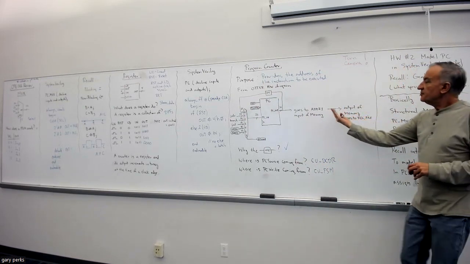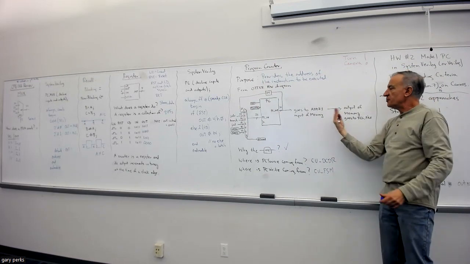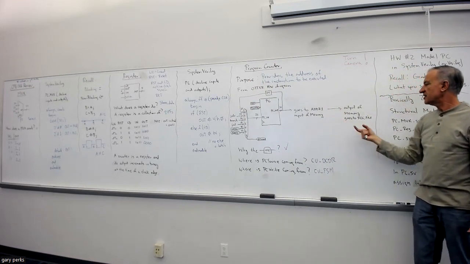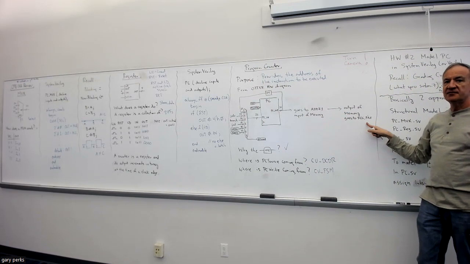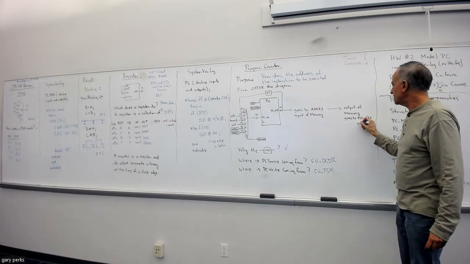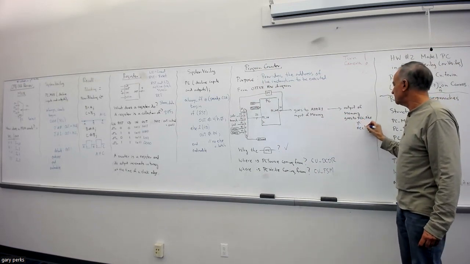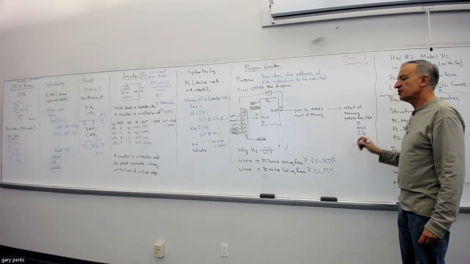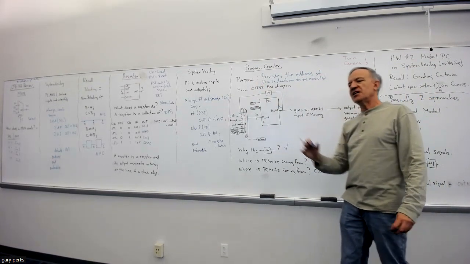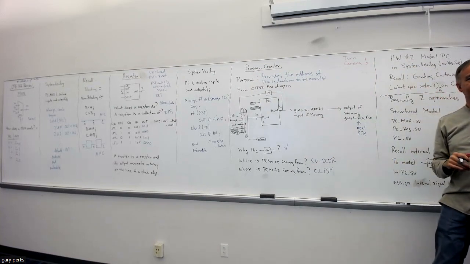And the output of memory, where the instruction is going to be, connects to your reg file. You're going to build that next week, next Tuesday. So we're working our way left to right in that diagram as we build this.